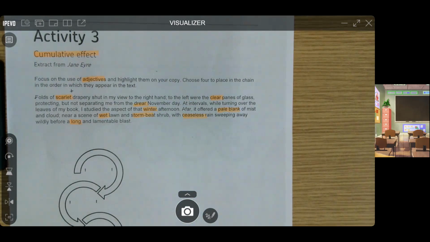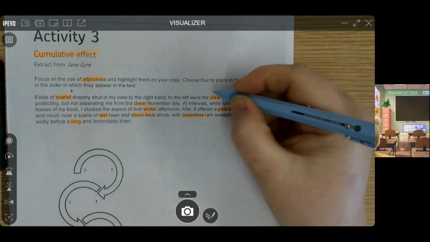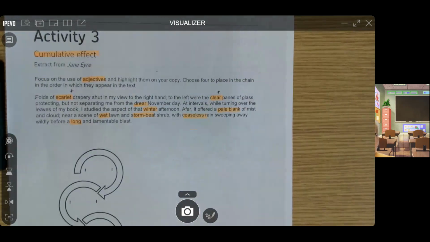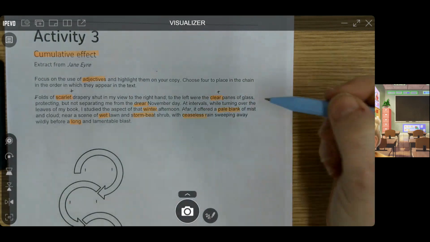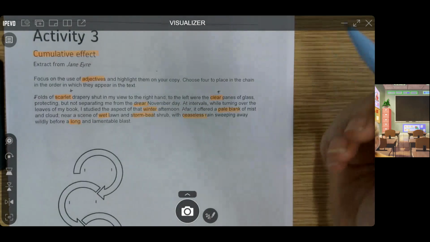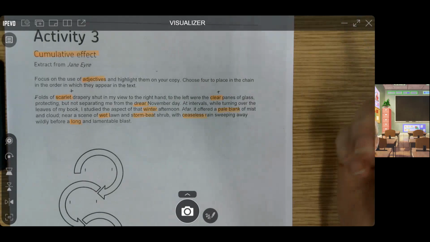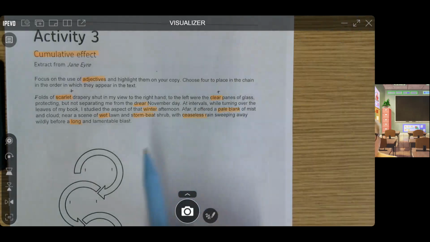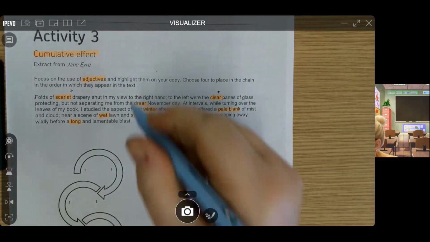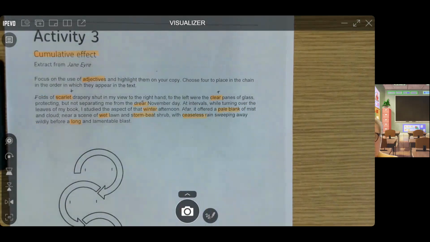It tells us that perhaps the place where she is is very rich and very opulent. We then have that positivity reinforced by the use of clear. We see clear as being a positive idea. However, this is closely followed by the use of drear, suggesting that the November day is very unpleasant. So that's a negative idea.